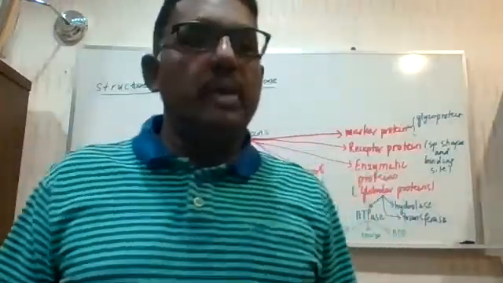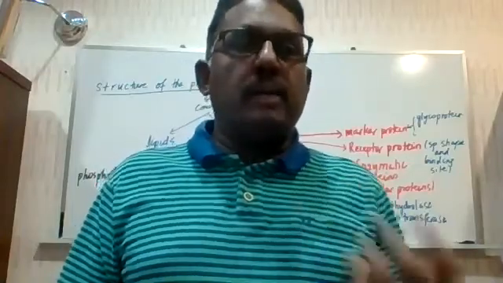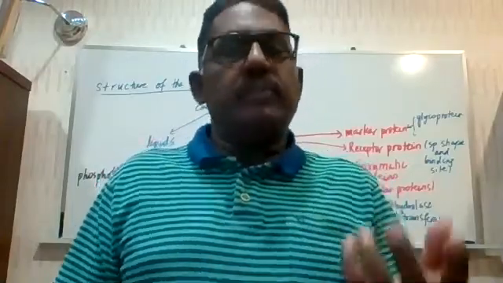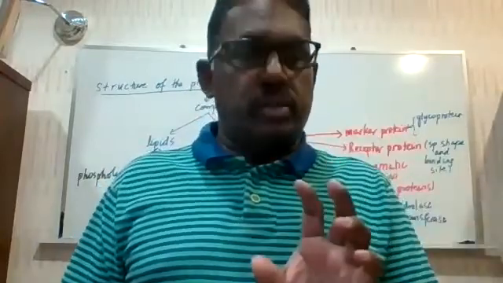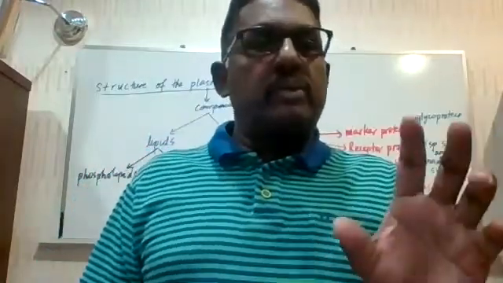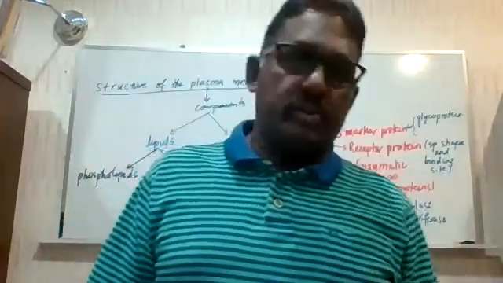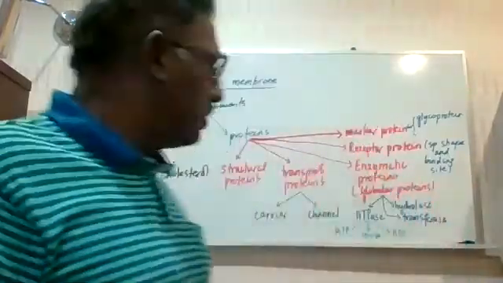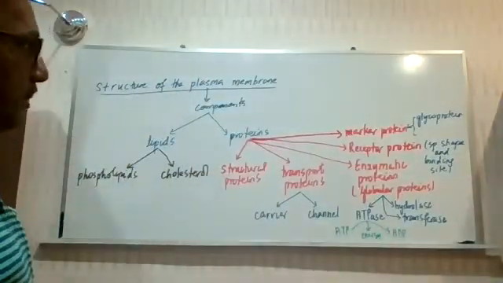Glycolipid is not a protein. So glycoprotein is a marker protein. Its job is to give that cell-to-cell recognition, so it differentiates between self and non-self cells, and therefore it decides whether to trigger an immune response or to prevent one. These are the types of proteins you have on your plasma membrane. These are the components of your plasma membrane.